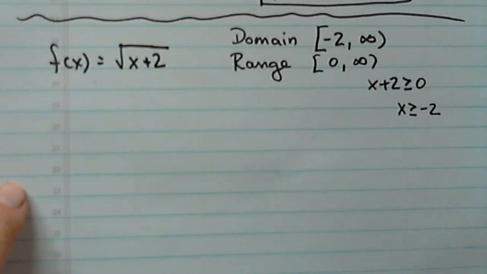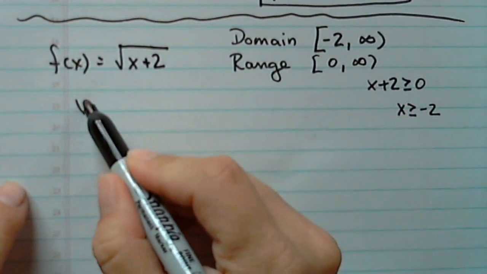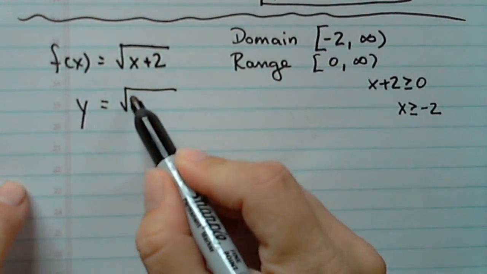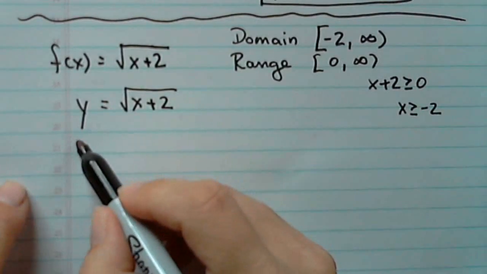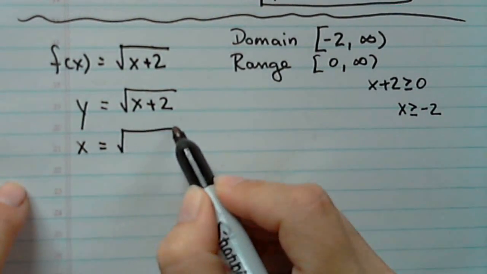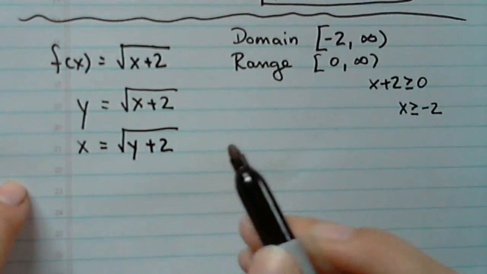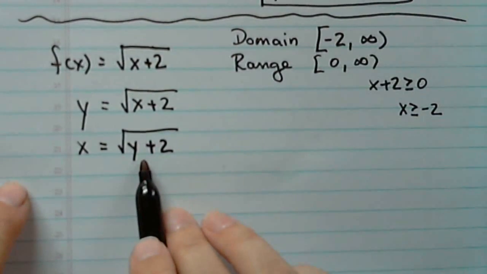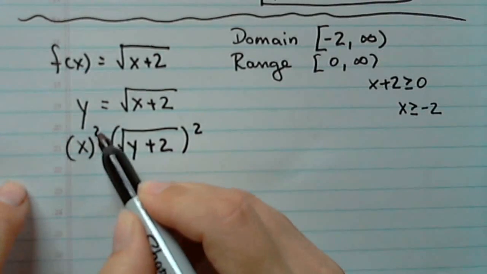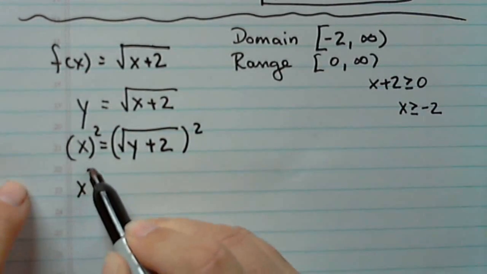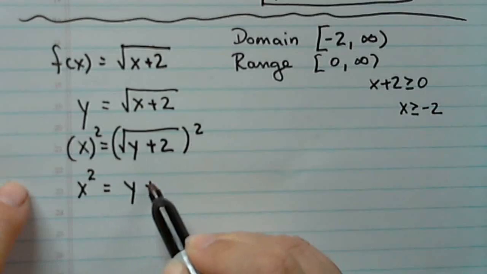Okay? Now we're going to find the inverse. y equals the square root of x plus 2. Then we switch and we get x equals the square root of y plus 2. Now we need to solve for y. Squaring both sides leaves us with x squared equals y plus 2.